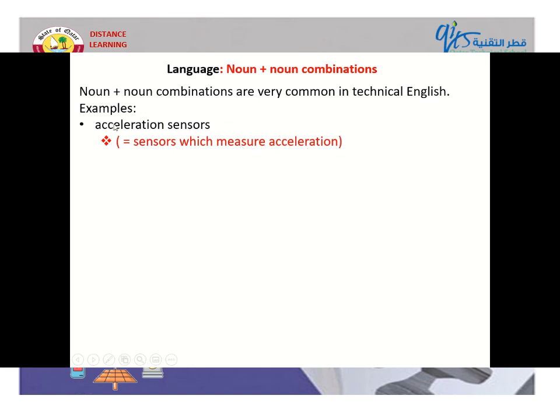You can see that we have 2 nouns here: acceleration and sensors. And acceleration acts as a describing word for the kind of sensors. Another example is vehicle crash tests.